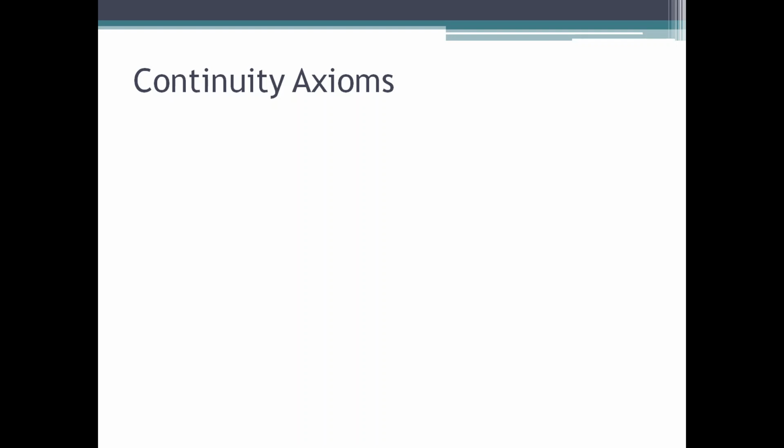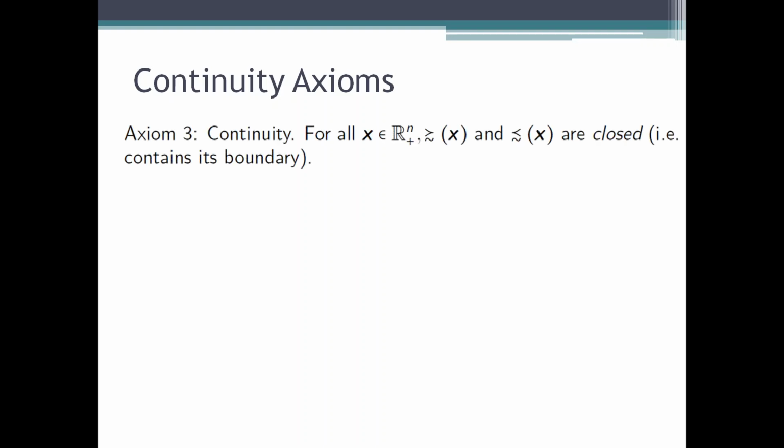What is the continuity axiom? Continuity says that for all consumption bundles x that belong to the R^n plus space, as we supposed from the beginning, the sets at least as good as and at least as bad as are closed. What do you mean by closed?